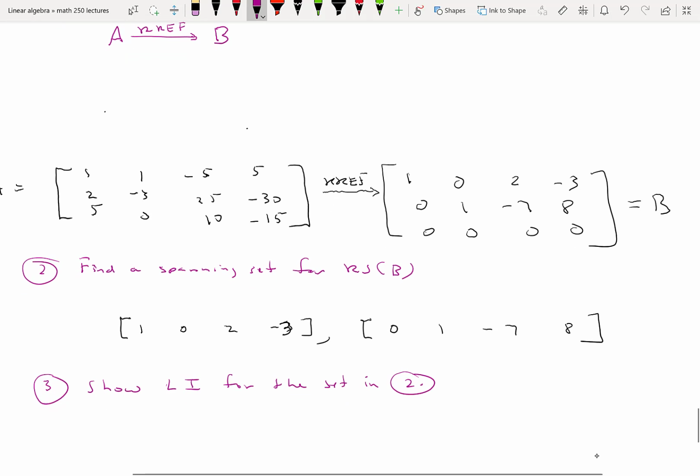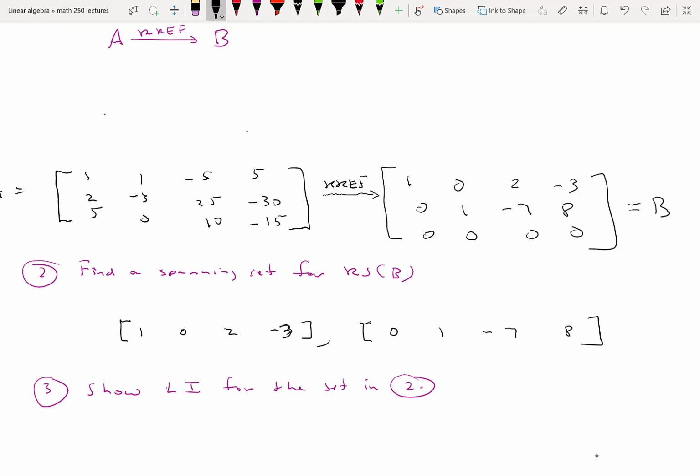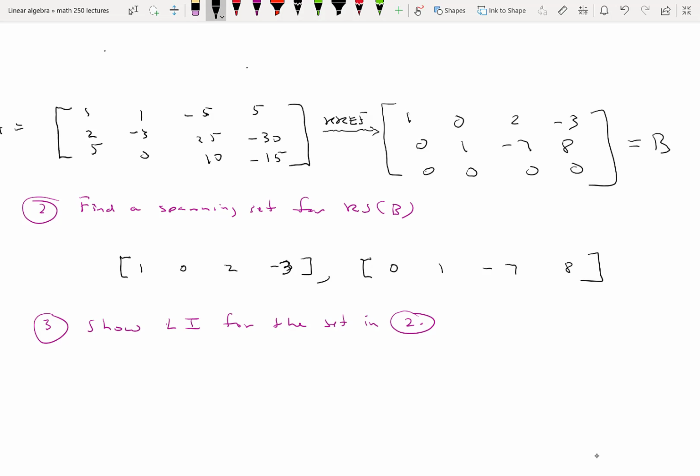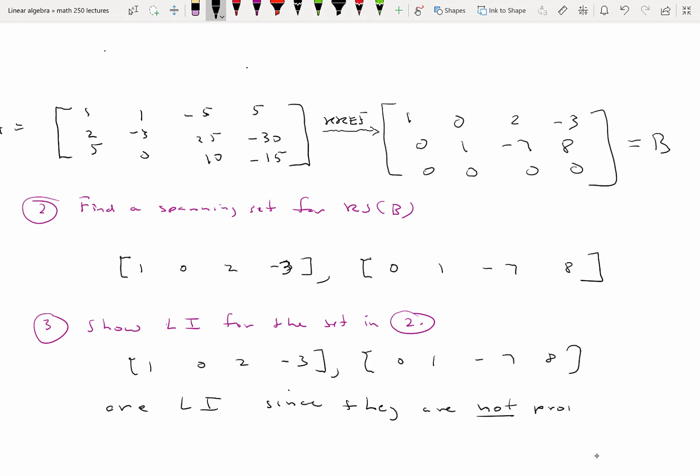Why are those two vectors linearly independent? The vectors 1, 0, 2, -3 and 0, 1, -7, 8 are linearly independent since they are not proportional.